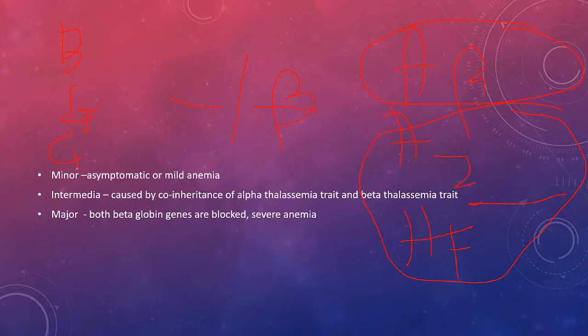G. So when a sample from a person with thalassemia major undergoes electrophoresis, they won't produce HbA. They will produce increased levels of A2 and hemoglobin F. Why? Because the remaining genes that they have will compensate for the absence of beta genes.